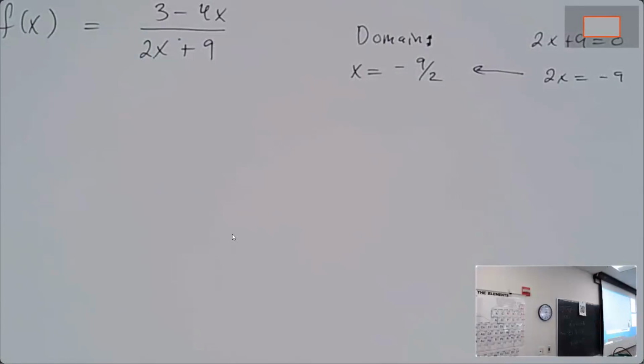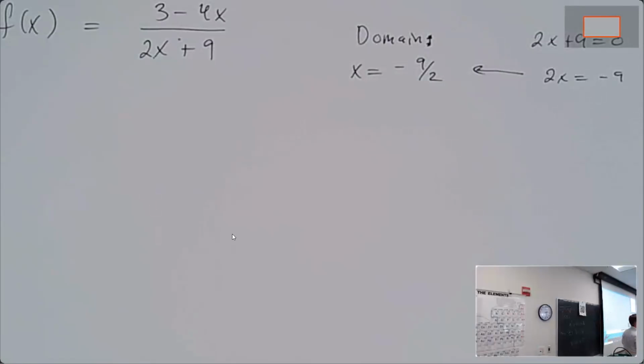Okay, but now we're switching x and y, which means after we switch x and y, if we want to find all the allowed y values here, we're really going to be finding all the allowed x values in the inverse function.